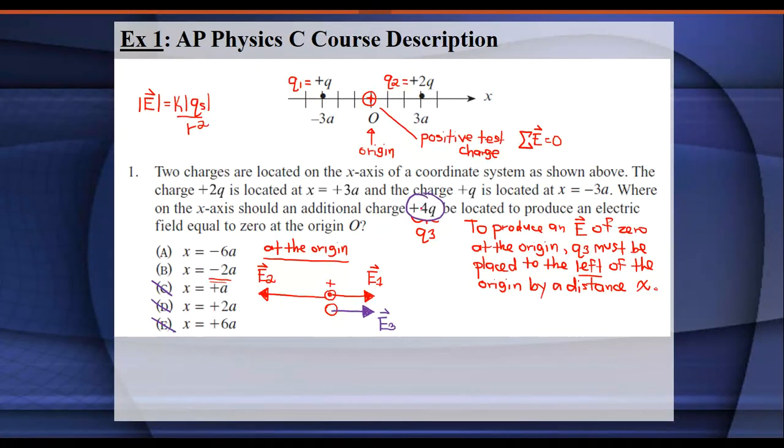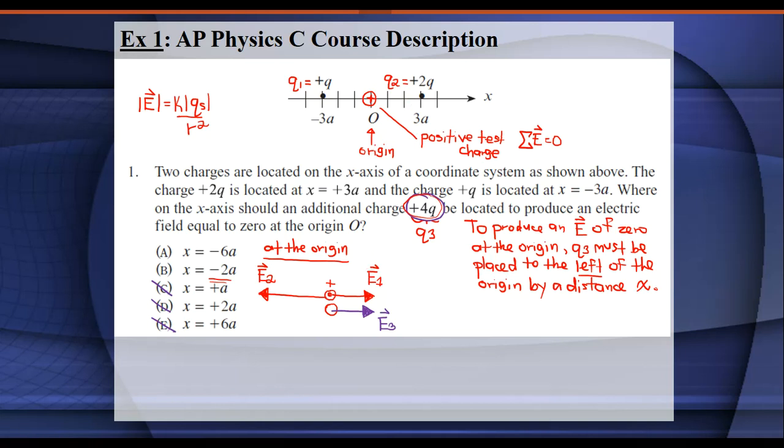Look at the magnitude of this third charge. It's really, really big. So if I put it at negative 2a, up here, with this charge, the electric field would be really big. It would definitely be bigger than E1.